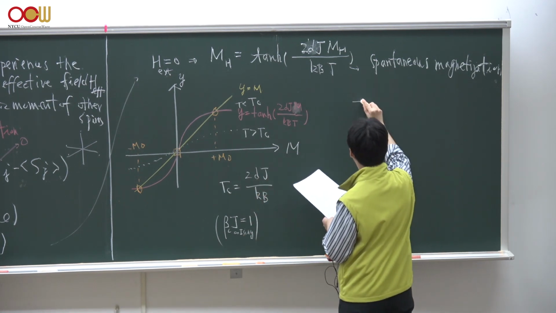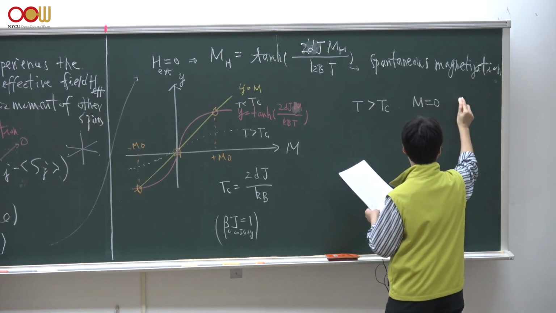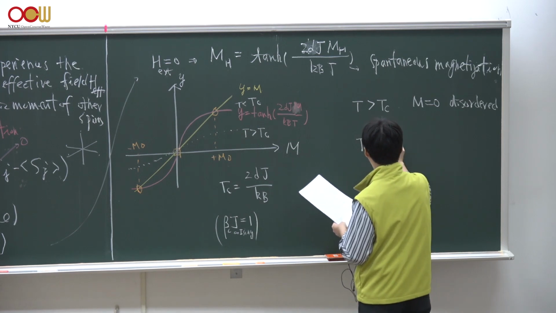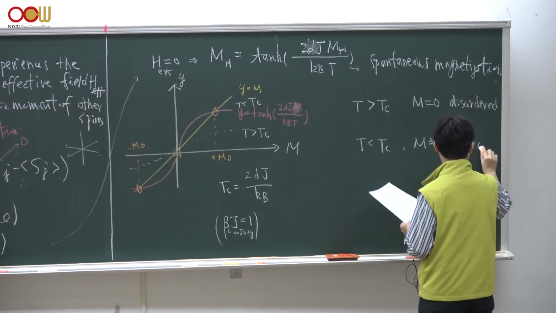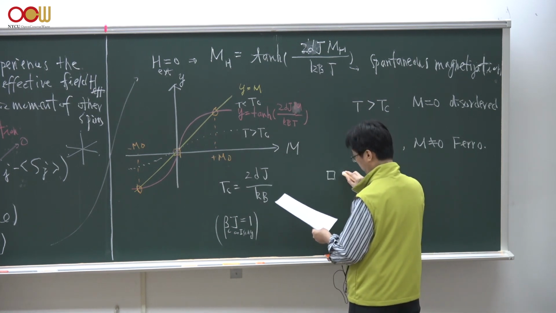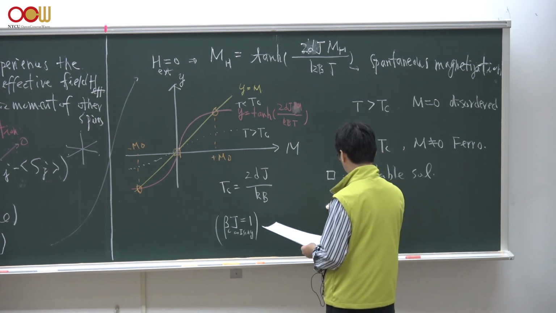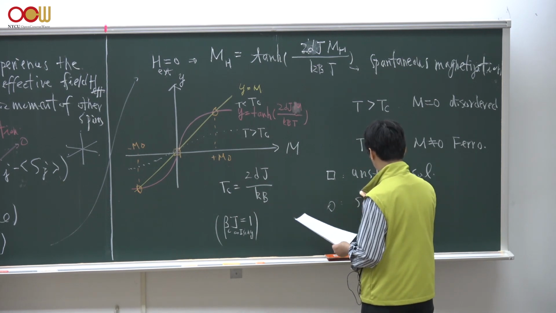So let me summarize. For T greater than Tc, m is 0, this is the disordered phase. And for T less than Tc, m is finite, a ferromagnetic state. And remember that this point at zero magnetization marked by the square is the unstable solution, and the 2 points at finite magnetization are stable solutions.